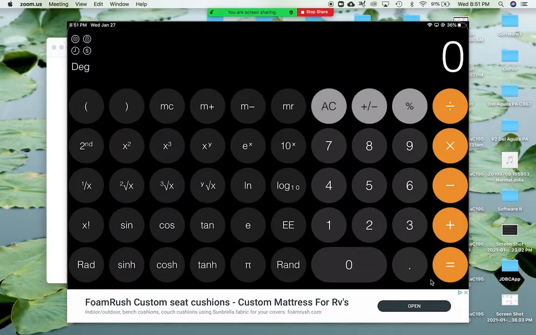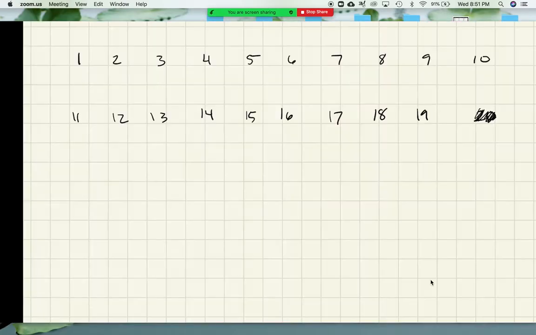None of it is going to work. 19 is a prime number, because the only one that works is 19 divided by 19, which equals 1, and 19 divided by 1 equals 19. That's the only way you can get whole numbers. By definition, that's what a prime number is.